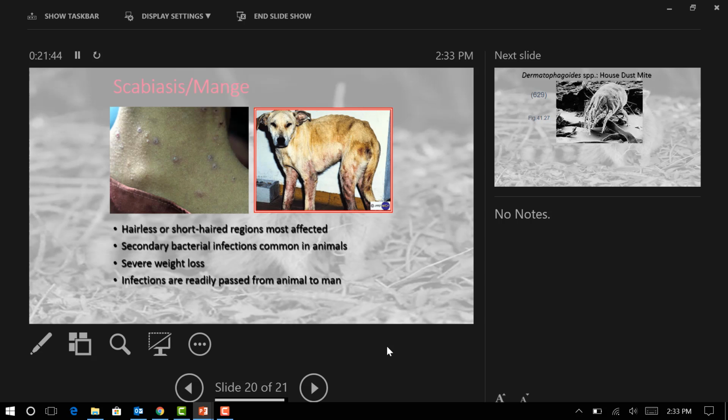And secondary infections become pretty common, but just the feeding of these mites alone can be enough to cause extreme weight loss. Infections readily spread from individual to individual. And so this is known as scabies or scabiasis or mange, sarcoptic mange, and this is probably one of the most dangerous of all of the mites. Ticks oftentimes act as vectors of other illnesses. Mites rarely do. And of all the mites, this is probably the most dangerous.